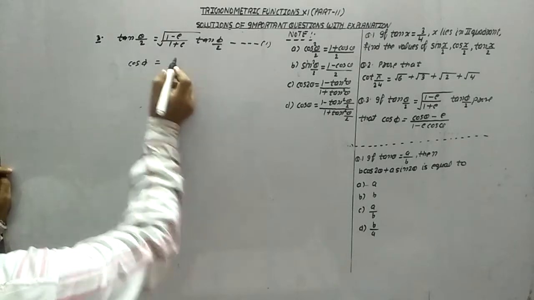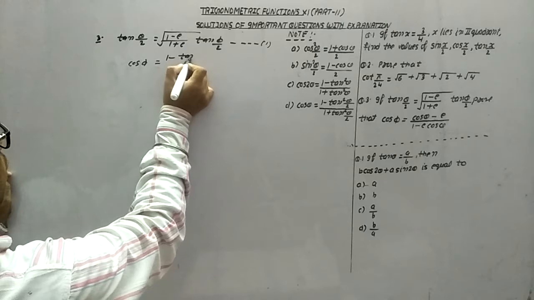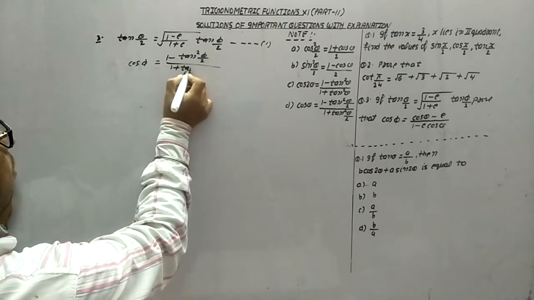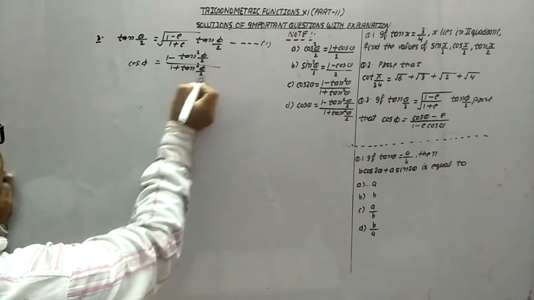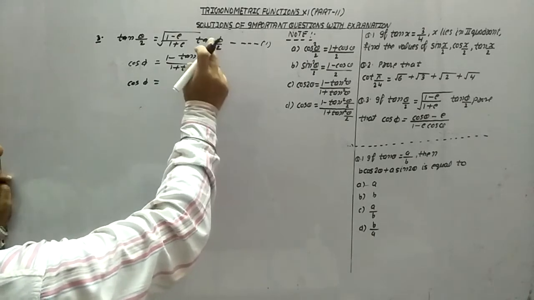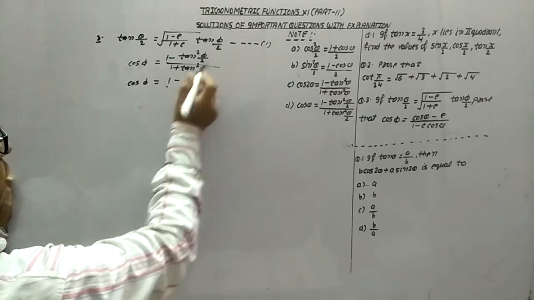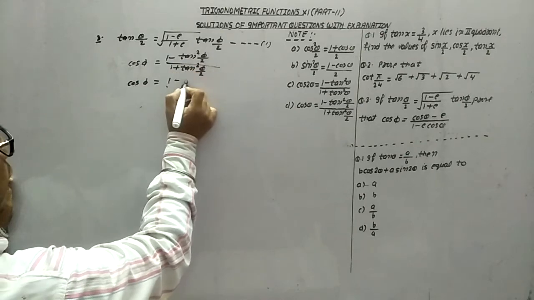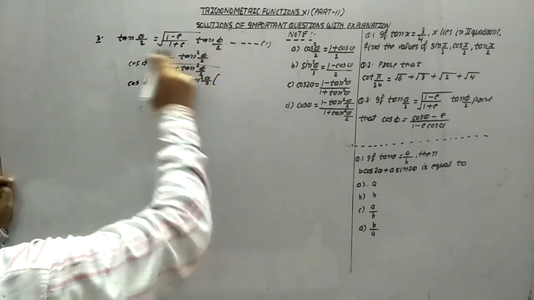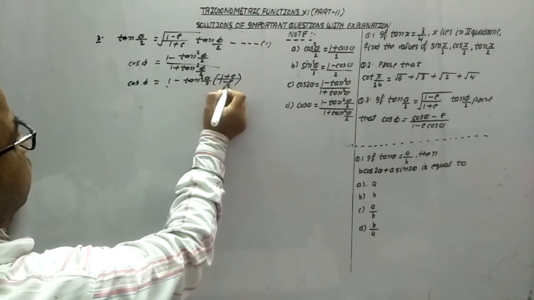Now according to this identity, cos phi means (1 minus tan square phi by 2) upon (1 plus tan square phi by 2). Now from equation 1 substitute the value of tan phi by 2. Tan square phi by 2 means tan square theta by 2, and by cross multiplication, this is (1 plus e) upon (1 minus e).